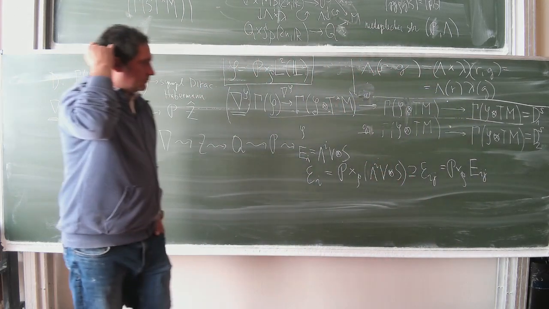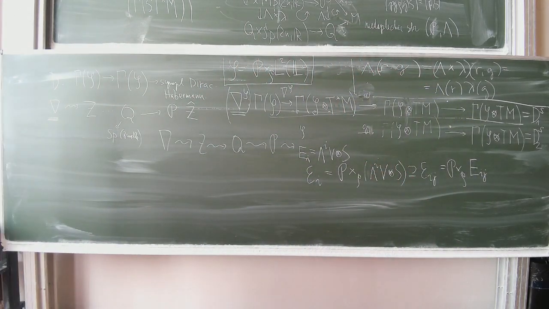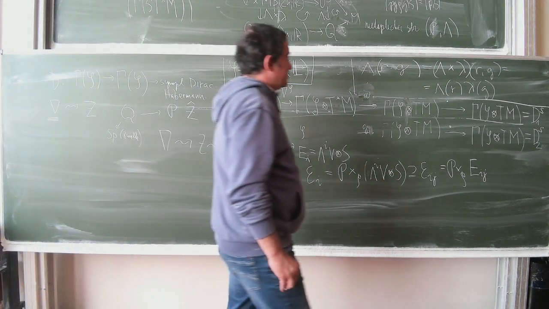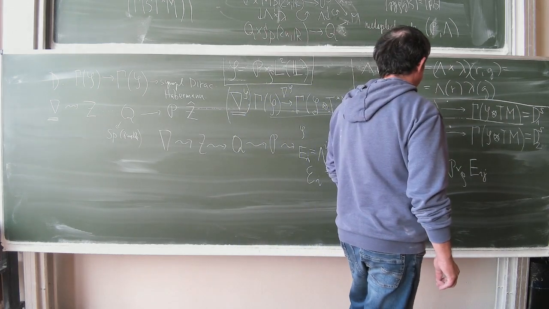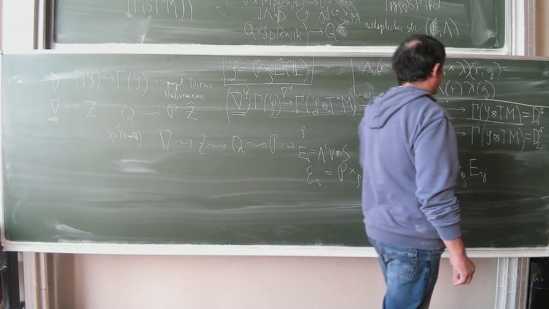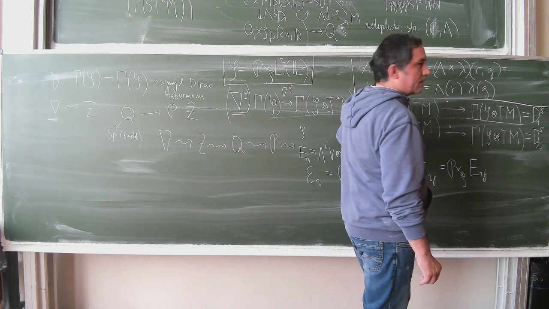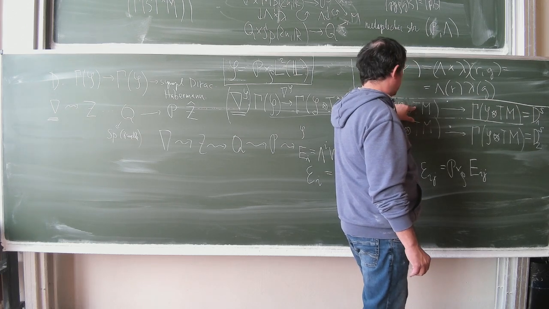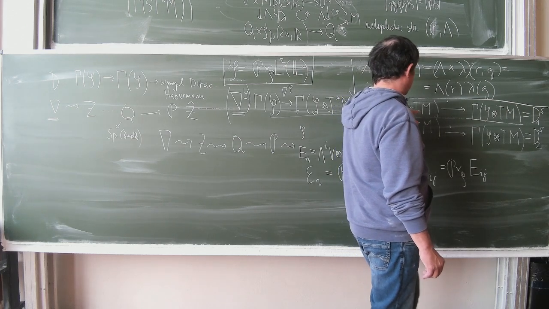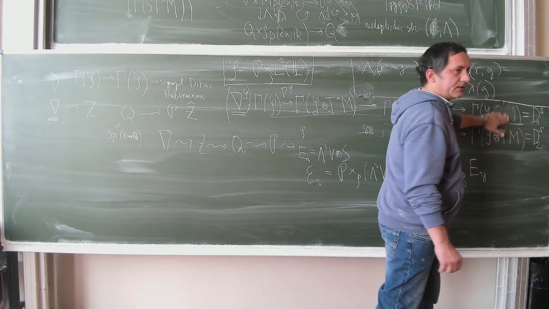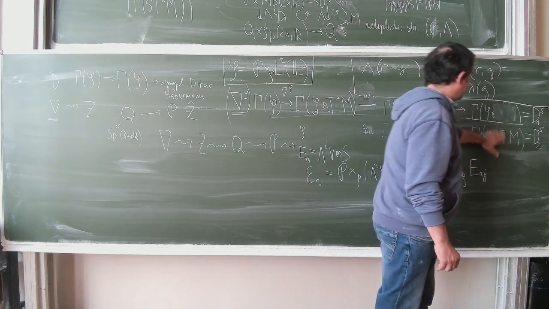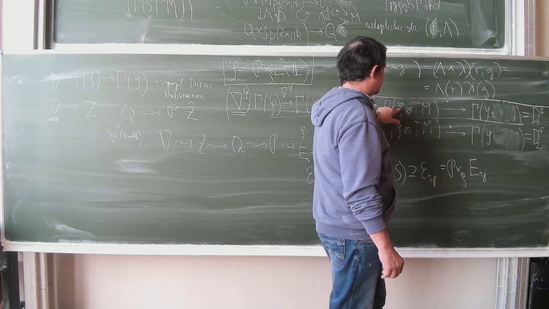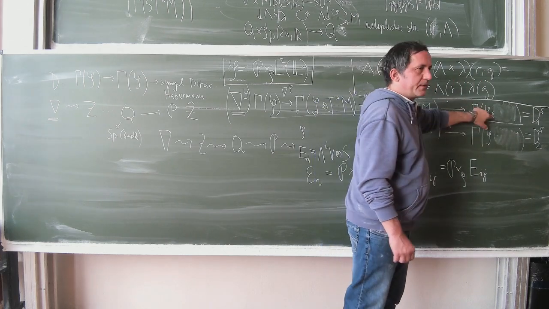So twice the M should be there, and the two lines. Here, okay, you're right. Here we make the multiplication, so the vector disappears. So the vector times spinor is spinor.